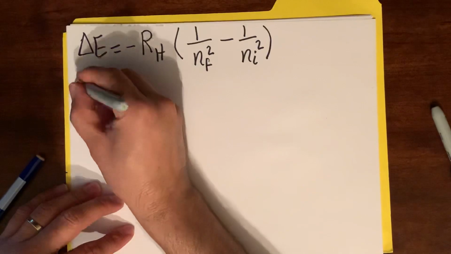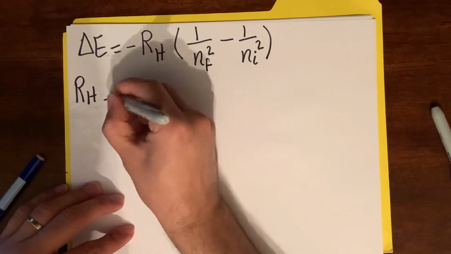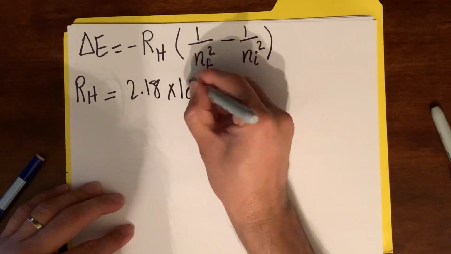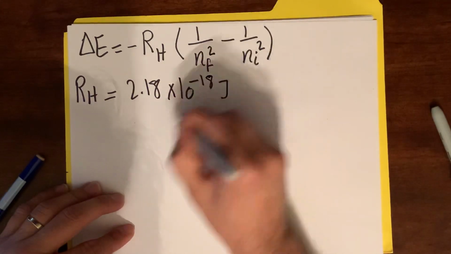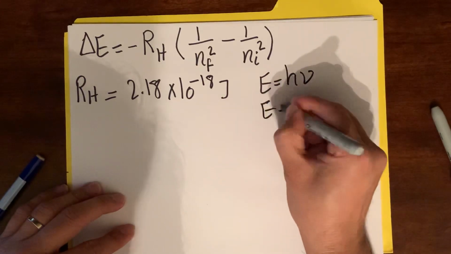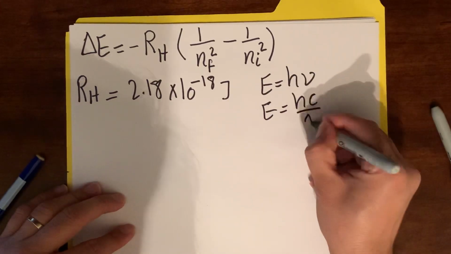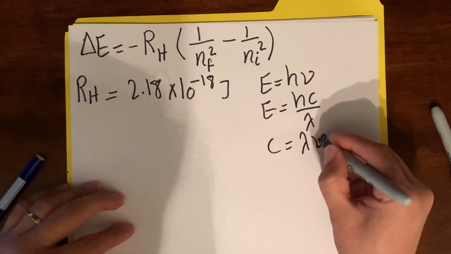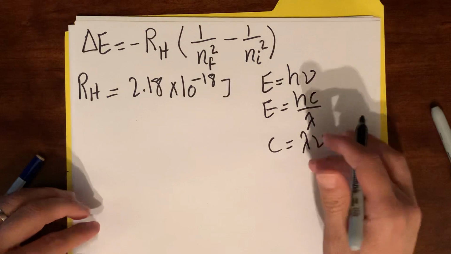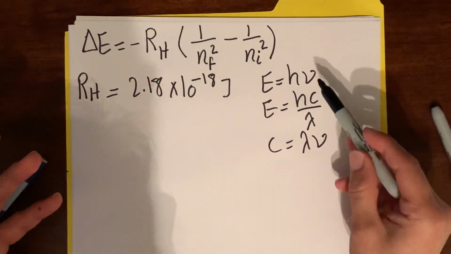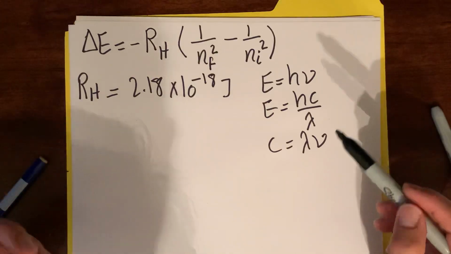And RH is equal to 2.18 times 10 to the power of minus 18 joule. You have energy is equal to H nu, energy is equal to Hc over lambda, and C is equal to lambda times frequency. You will use all these three formulas to calculate, for example, nu, or calculate wavelength.